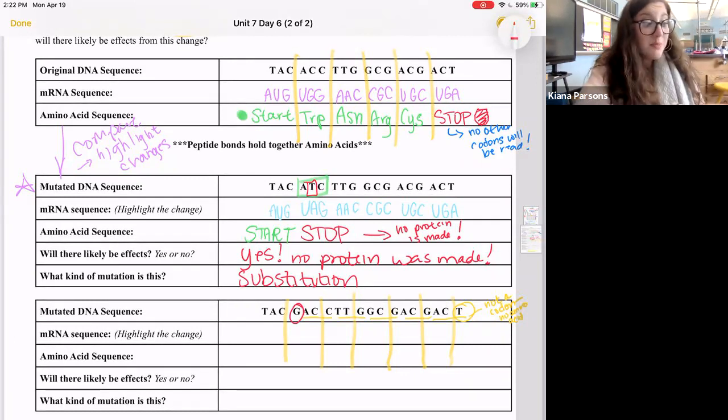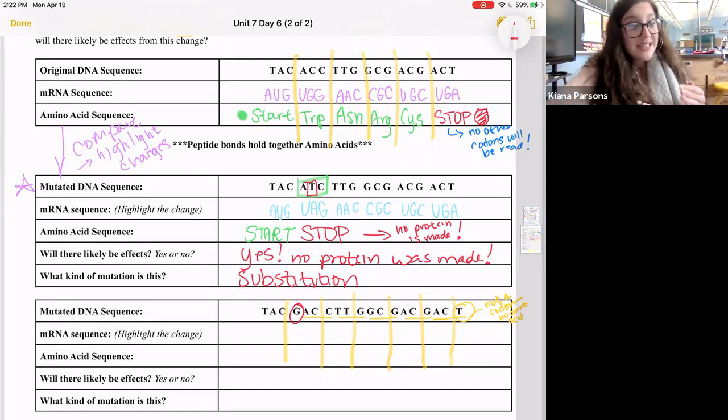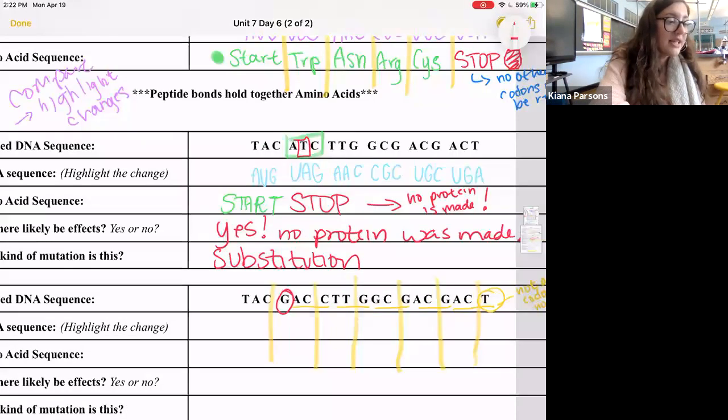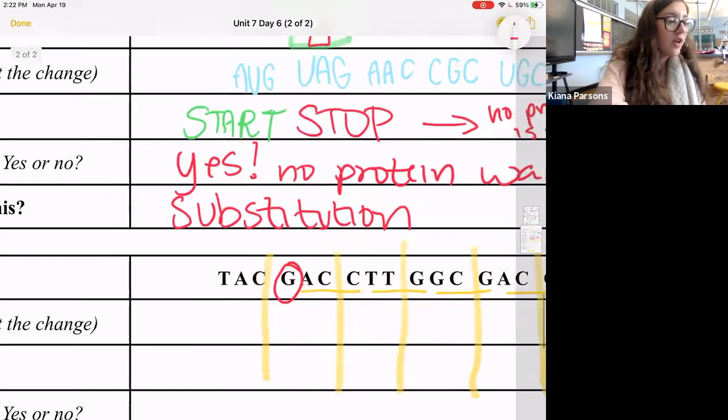So even though this is basically the exact same DNA sequence except for this one inserted base, the frame shifted. So the way our body reads the codons completely changes, and every single one is affected by this one insertion. Bad time. So let's go ahead and translate this bad line of code.